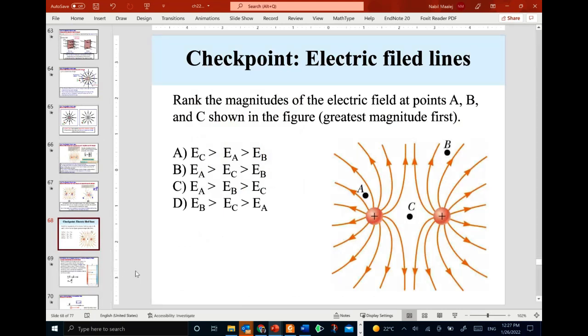So by just visually looking at this, you can clearly see that at point C, if this is a Q and a Q, electric field lines will be 0 here. The electric field is 0, so that's why we are not drawing any electric field lines.